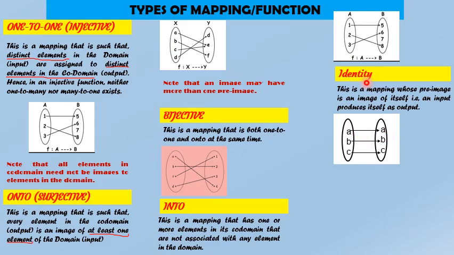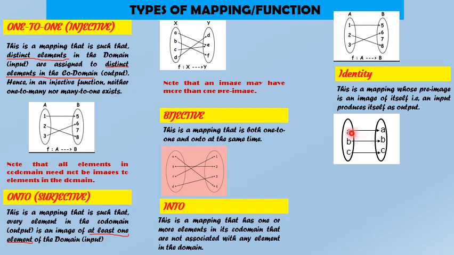When you have this kind of scenario, we call it an identity mapping. So you can see that all this classification may be intertwined. This mapping, I can say it is an identity mapping because each element in the input produces itself as the output. And I can as well say this very example is also one-to-one. Why?